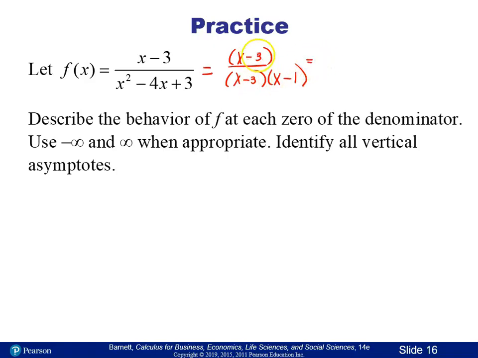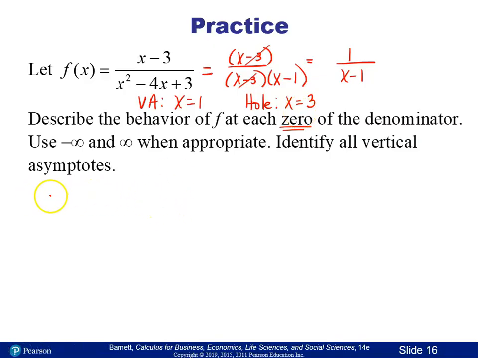I do, in fact, have a like factor. So I have two places that I have zeros in the denominator. First of all, a vertical asymptote, and that vertical asymptote is going to be at 1. And then I have a hole from my canceled factor here at x equals 3. So those are the two areas that I need to describe the behavior around.